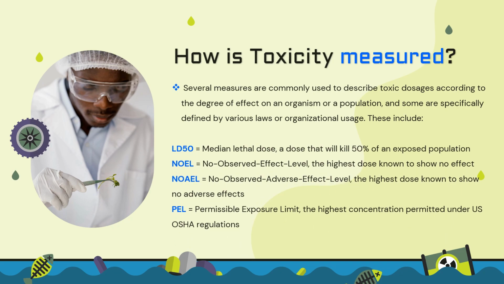The first factor, which you must have heard while doing your bachelor's or master's, is LD50. LD50 is lethal dose 50, the median lethal dose, a dose that is required to kill 50% of the exposed population. So at what concentration is half of the population eliminated? That is LD50.